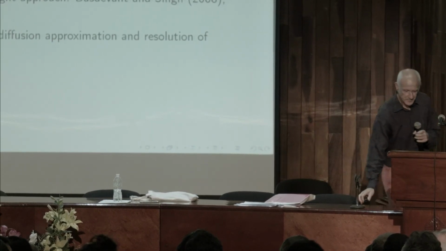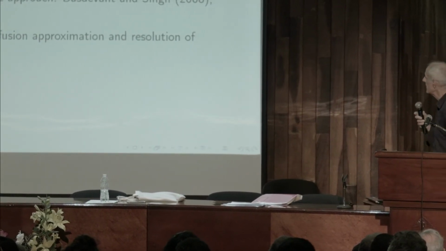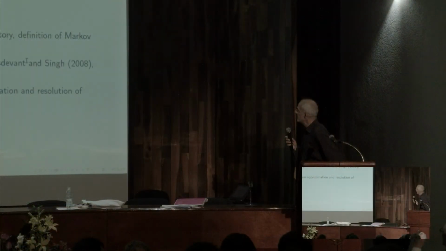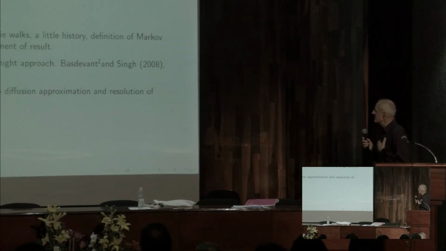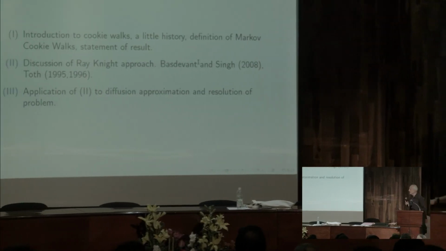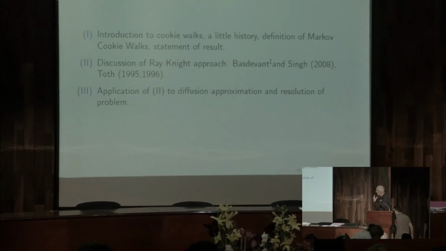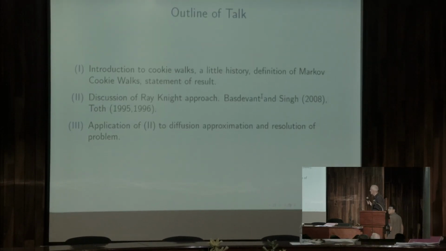As I say, it's going to be mostly a sort of micro mini course, in the sense that I'll be talking about cookie walks, which not everybody will know about.